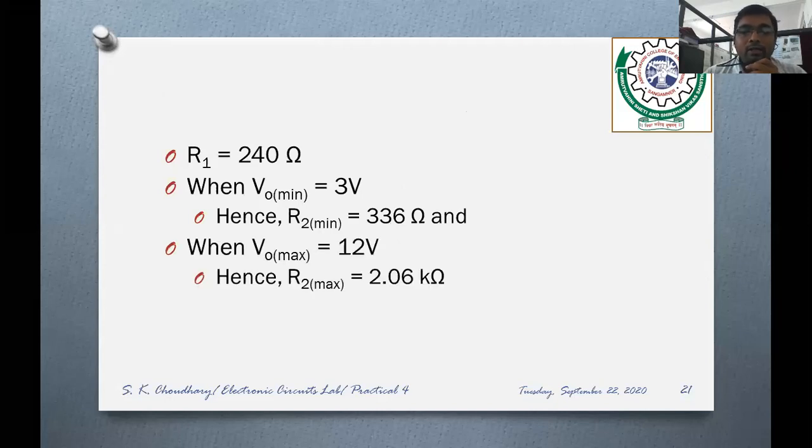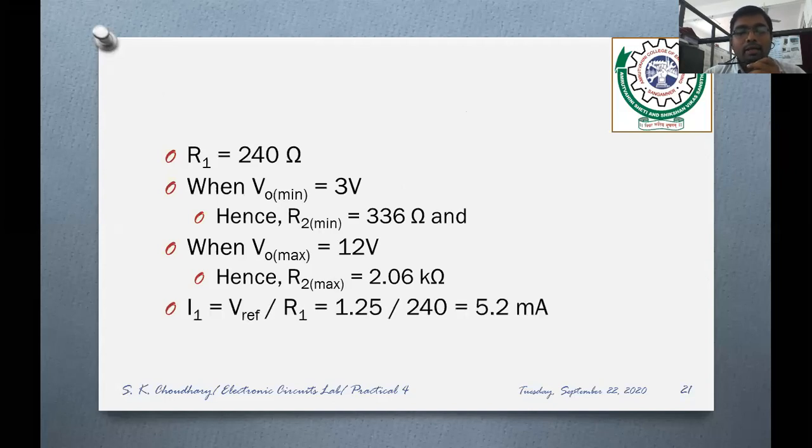So when V0 is equal to 12 volt, your R2 would be 2.06 kilo ohm. That is the maximum value of the resistor for the given specification. And here you can calculate the reference current through R1, that is 1.25 upon 240, that is 5.2 milliampere.